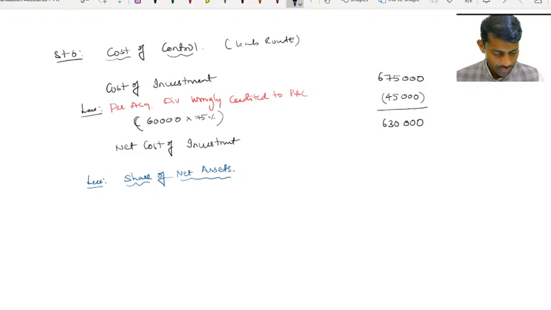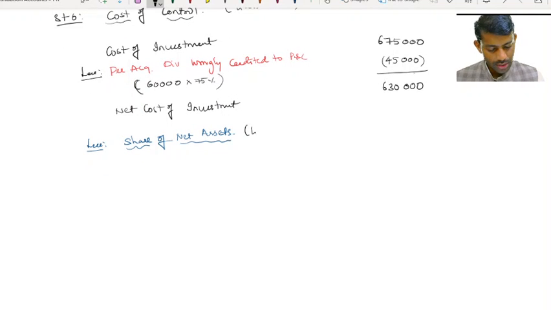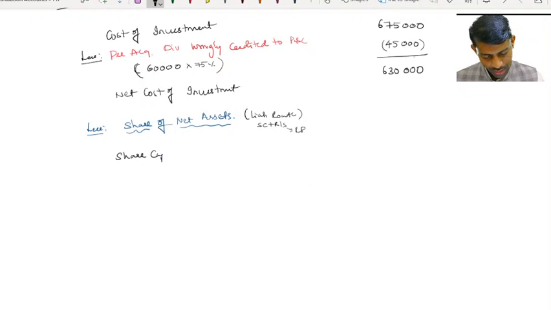Less: share of net assets, the liability route. Liability route means share capital plus reserves and surplus, correct? That is, capital reserves, so here we take capital profit. Revenue profit will go to step number 8. Share capital: 6 lakh into 75%, which amounts to 4,50,000.